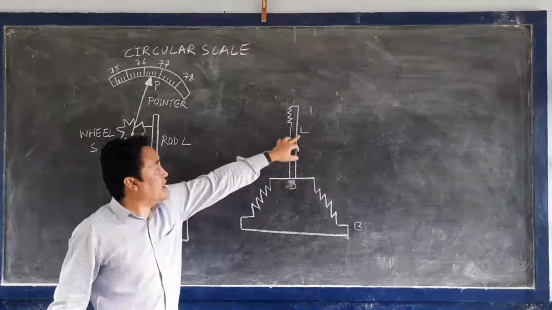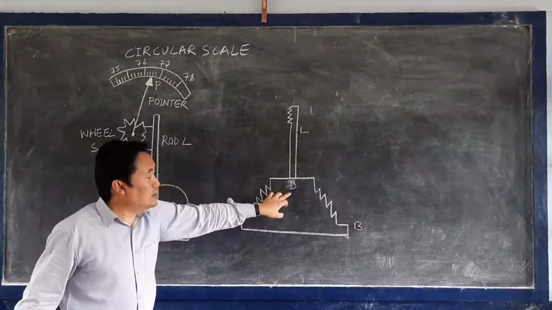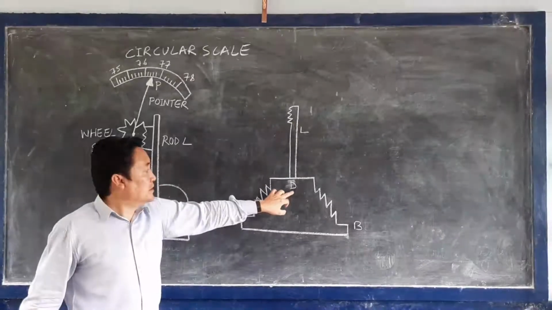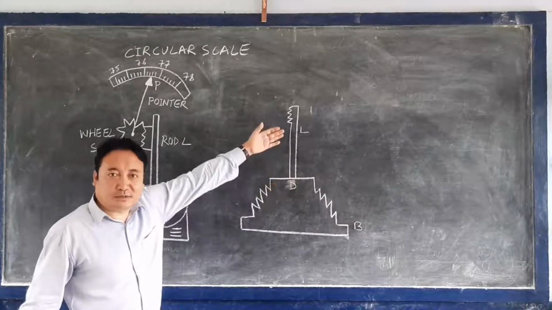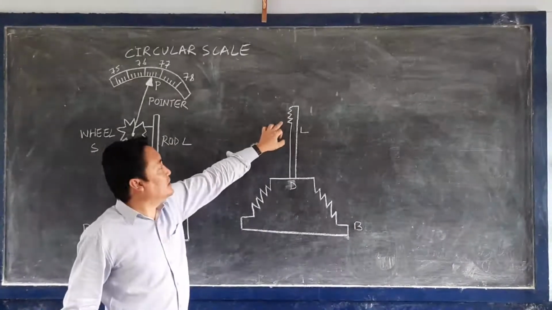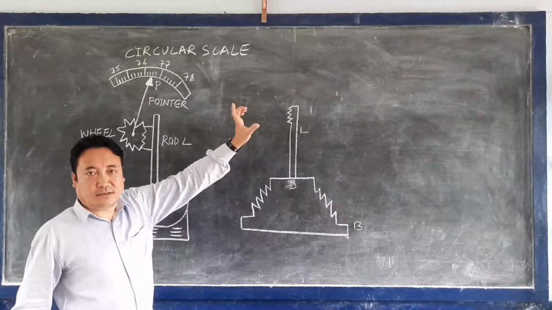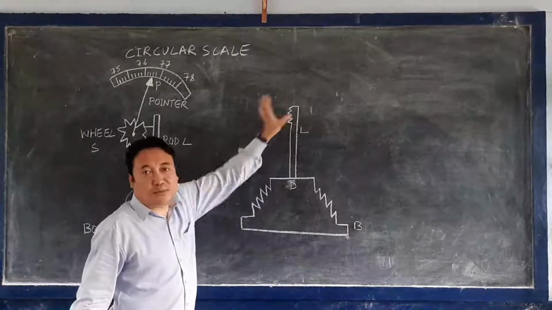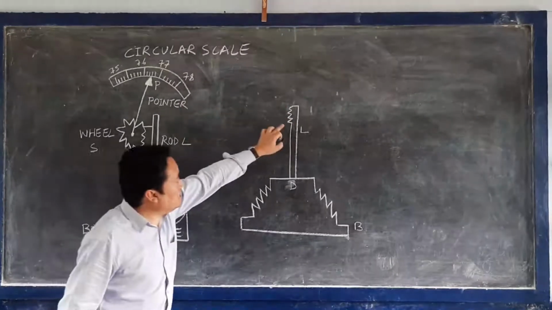There is a thin rod L which lies on the diaphragm D on the topmost part of the box, and this rod has a toothed end at the topmost region.